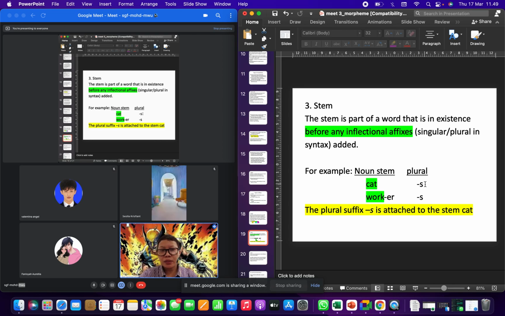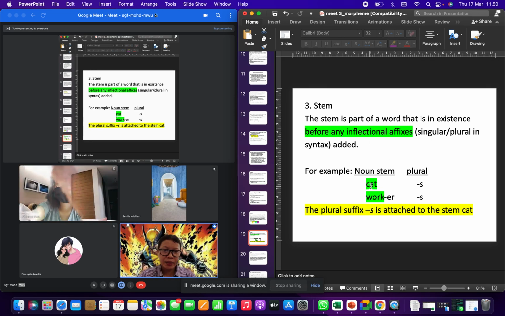And also the stem work, when I add the suffix it becomes worker, and then I put its pluralization, it becomes workers, it's still a noun. So here, the plural suffix s is only attached to the stem cat, and also to the plural worker. Now here, the green highlighted words are our stem because they are positioned before the inflectional affix.